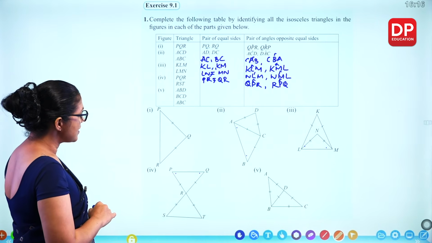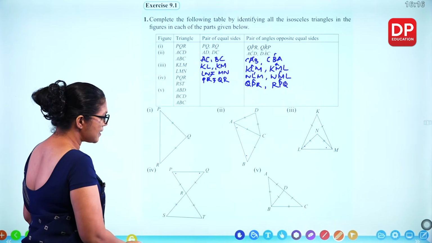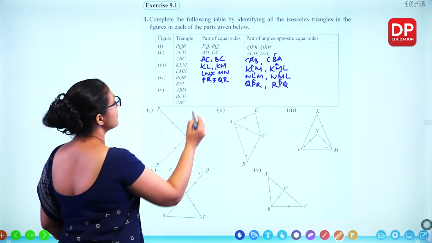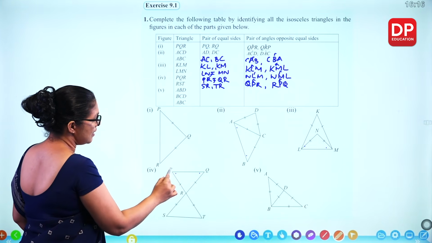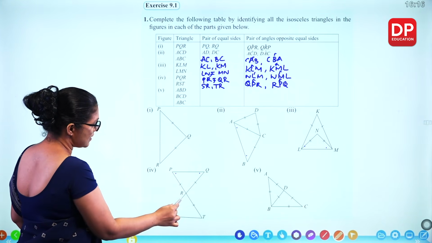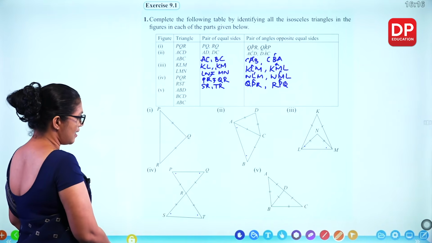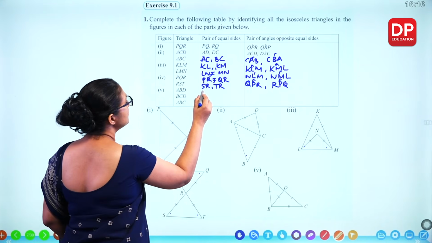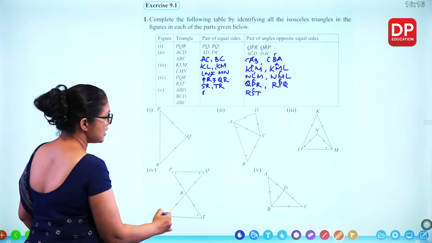Next one, RST. RST, we can say SR and TR. What's the angle? Equal angles. Here we can say this and this. So we can say RST angle and RTS angle.